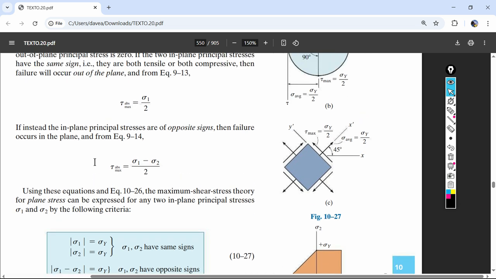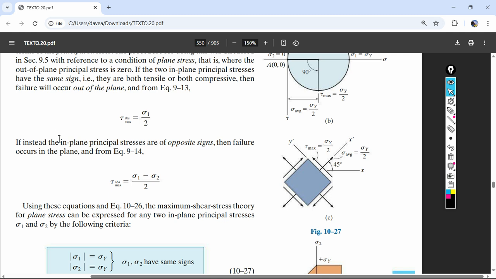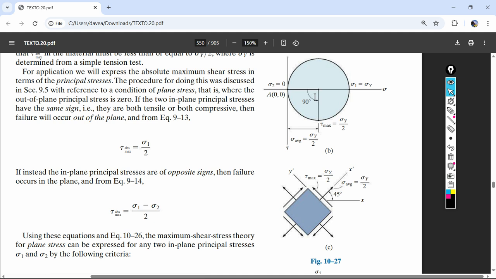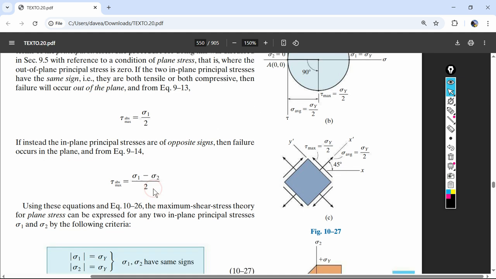Equation 9.13, that's the equation: the max shear will be the principal stress divided by 2 out of plane. Because the in-plane difference between the two principal stresses is the diameter of the circle, and the radius is the max shear. So that's what we have right here.